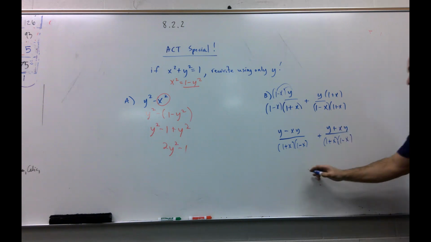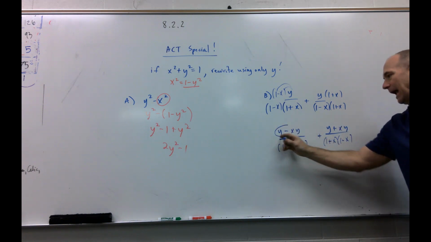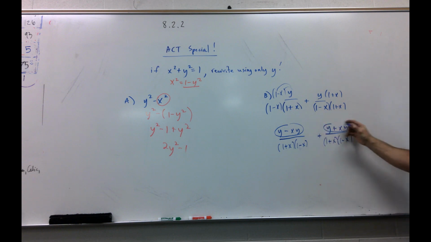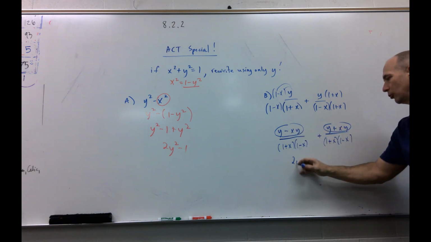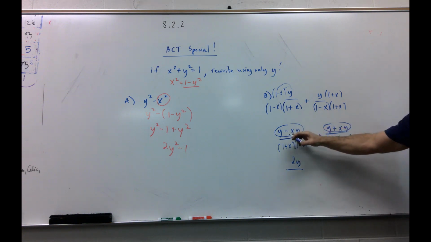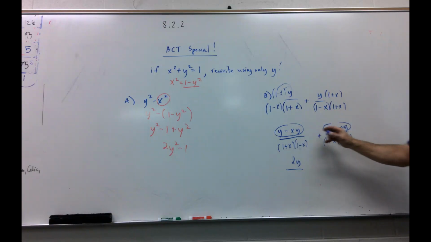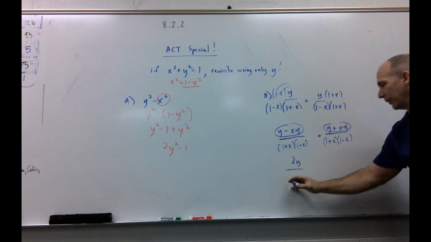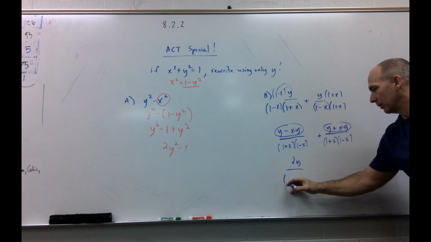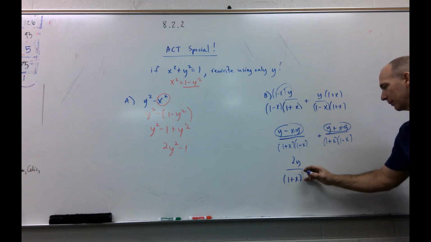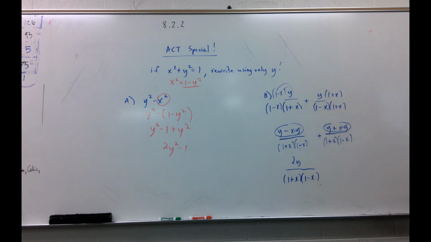Now that I have common denominators, I add the numerators, and you can see y plus y is 2y. Negative xy and positive xy cancel, all over this common denominator, 1 plus x times 1 minus x.